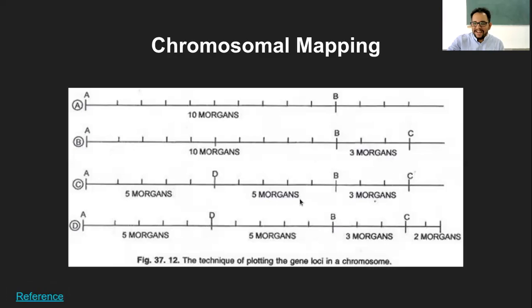When these recombine, they will have a 10% chance. When these recombine, they will have a 5% chance. When these recombine, they will have a 3% chance out of total recombination. That is what it is.